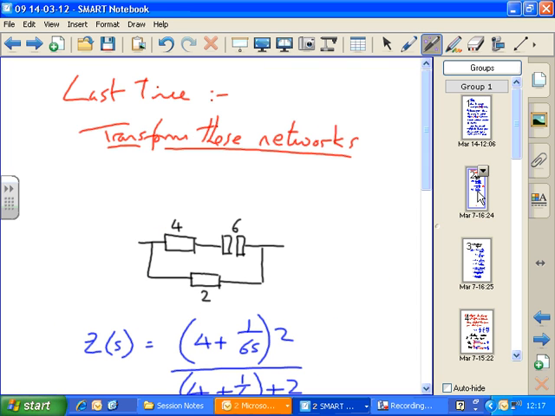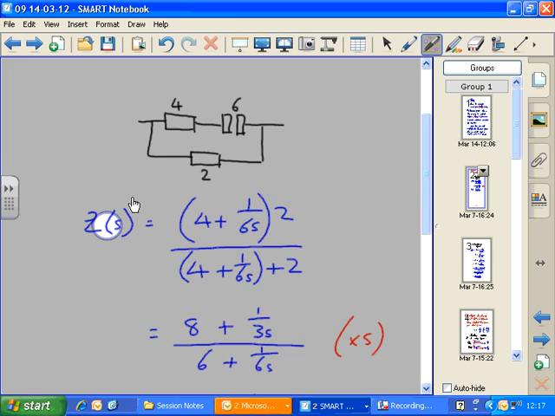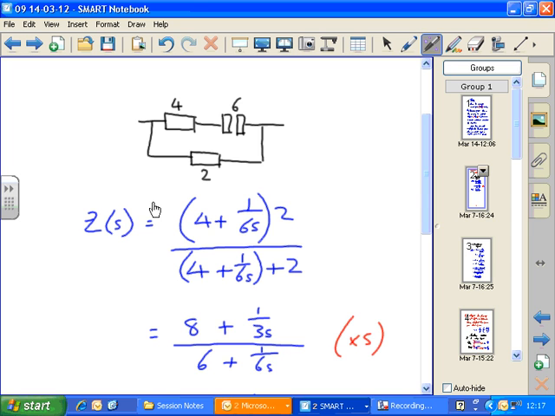Before we do that, let's just quickly review last time. Remember what we were doing? We were analysing networks and finding out what the total impedance of the network was in S space. Remember when we transform each of the components into its S equivalent, using the table on page 5.